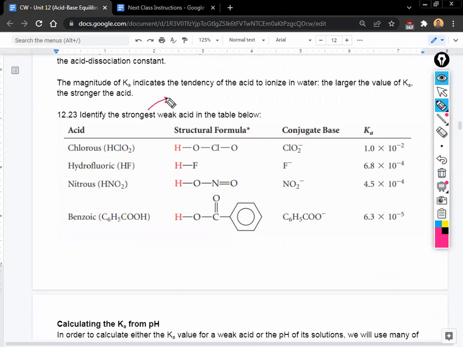The stronger an acid, the more it breaks down. So I want you guys to take a look at this table and figure out which one of these acids break down the most in solution. I want you guys to write a quick sentence describing why. Why does your choice break down more than the others? Take about a minute to do that.